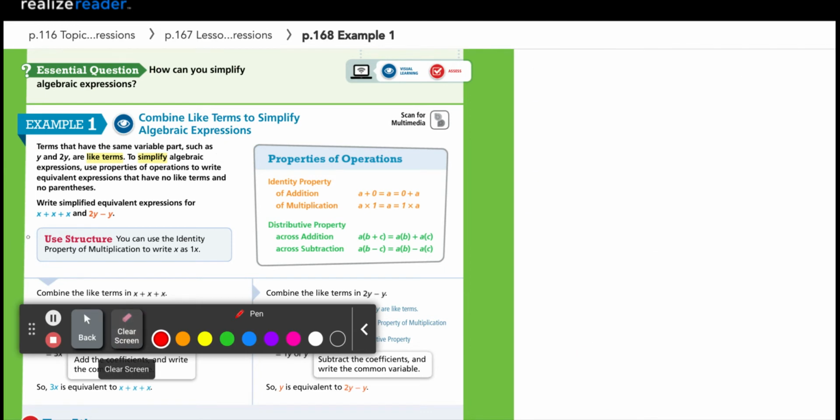In your notebook, I want you to write, this is number 1, x plus x plus x. Okay, so first let's solve this, explaining all the math that we are doing. X plus x plus x. Well, when we see a variable by itself, what is the coefficient?